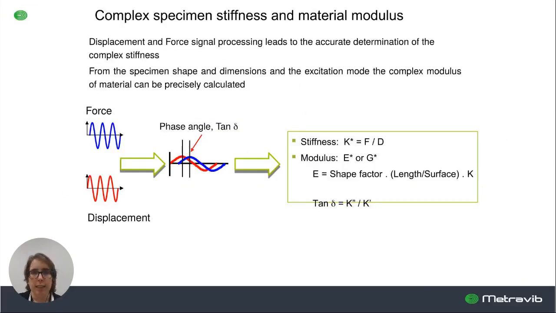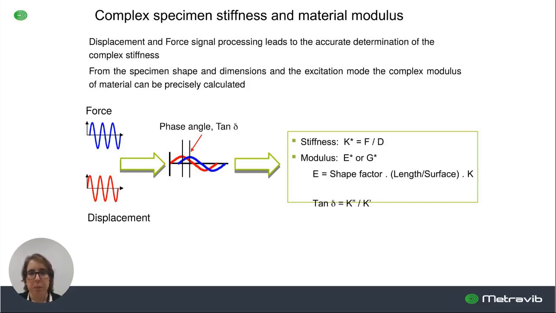When you're looking at the stiffness of the material, as I mentioned before, the fundamental direct measurements of a DMA instrument are the force and the displacement. The force will be ahead by some amount of time compared with the displacement. You apply the force, and then the material will react and deform to the force.